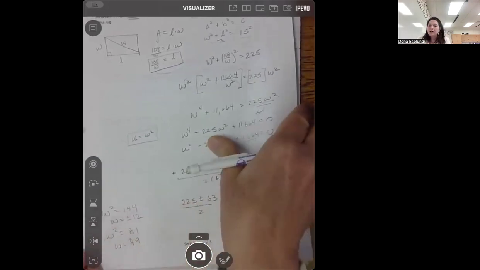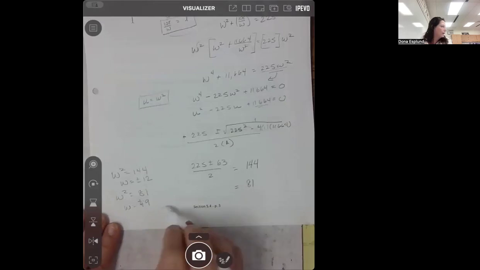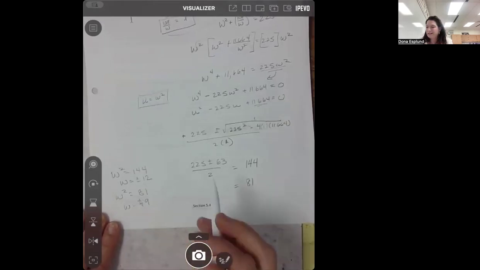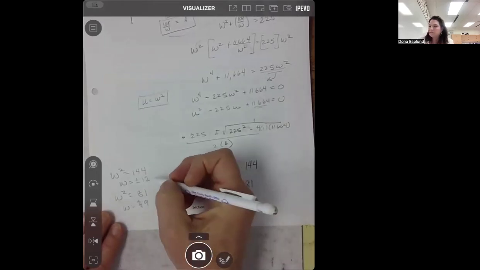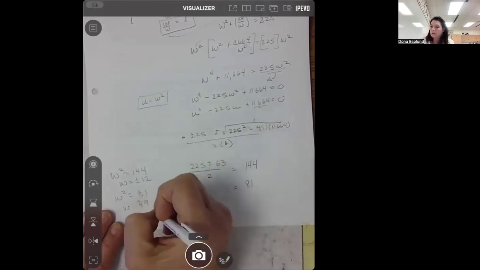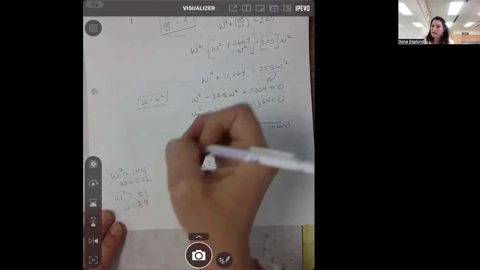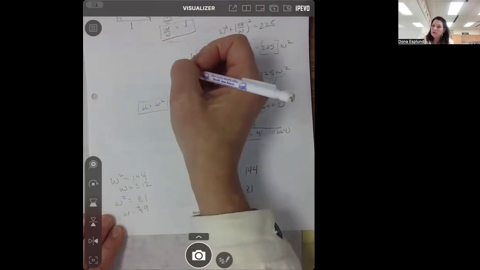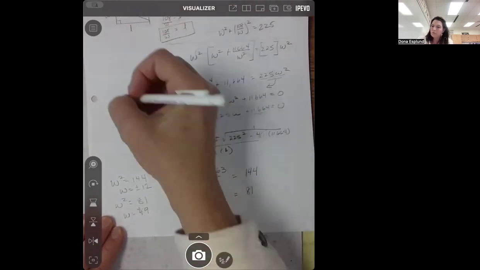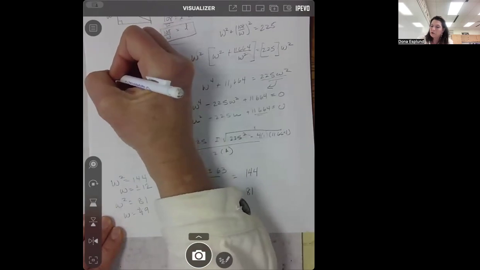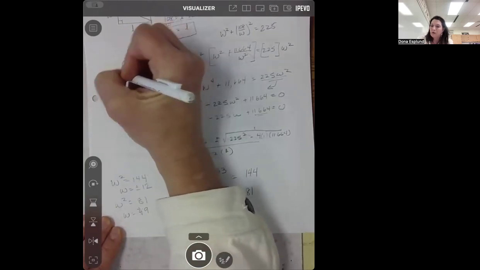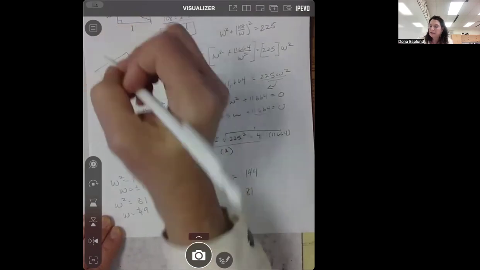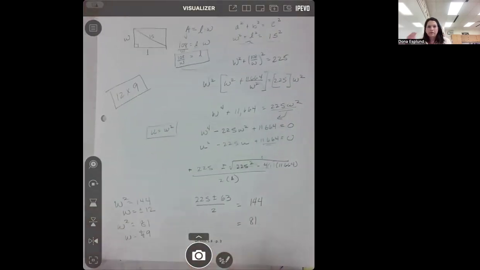Now, if you're talking about a width, can we eliminate one of them? Yeah, it can't be negative. So that means my width could be 12 or it could be 9. If it's that way, remember my length is going to be the opposite. So in other words, my rug is going to be a 12 by 9 rug, because when I substitute it back in... whew, we got it.